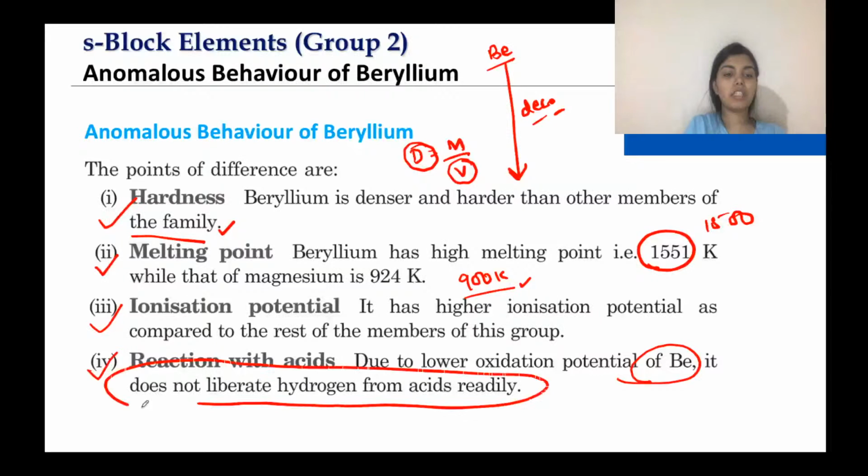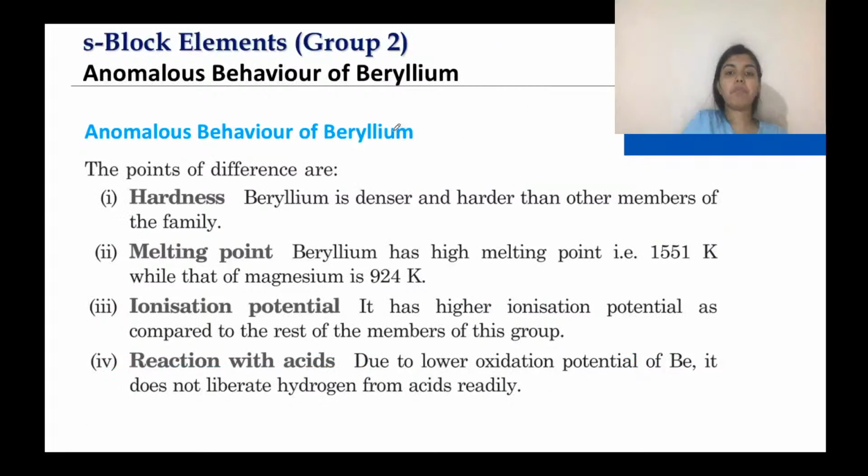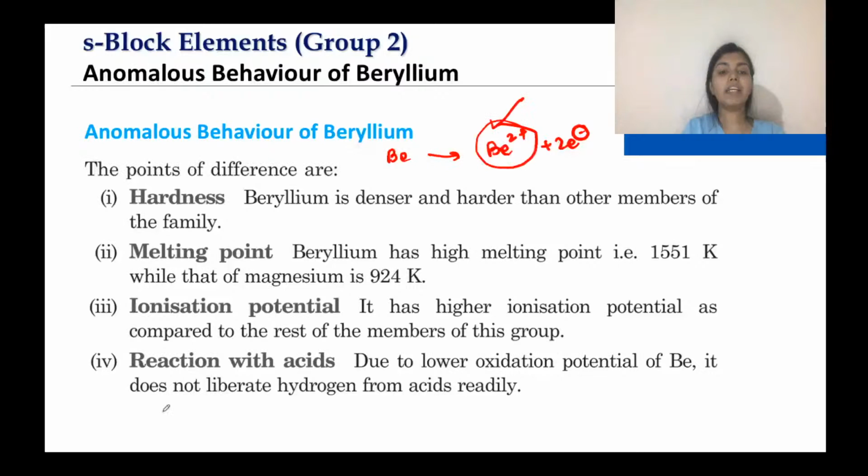This is very important, right? What is oxidation potential? The tendency of beryllium to oxidize itself, that means the tendency of beryllium to lose electrons and form beryllium 2+, right? So this is very low, and because of this it does not liberate hydrogen from acids readily.